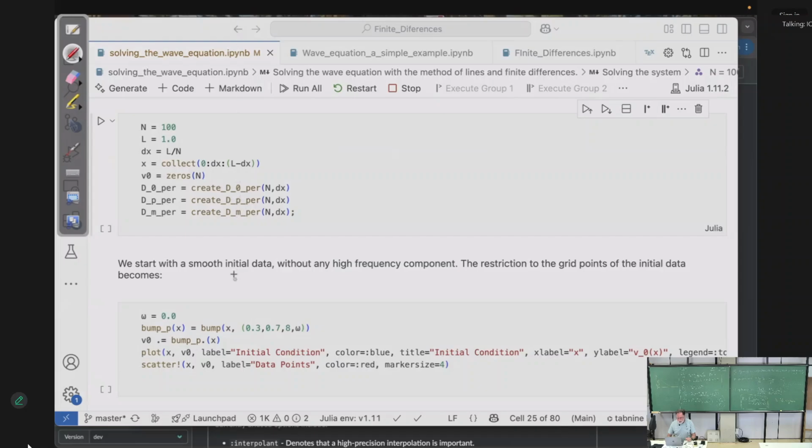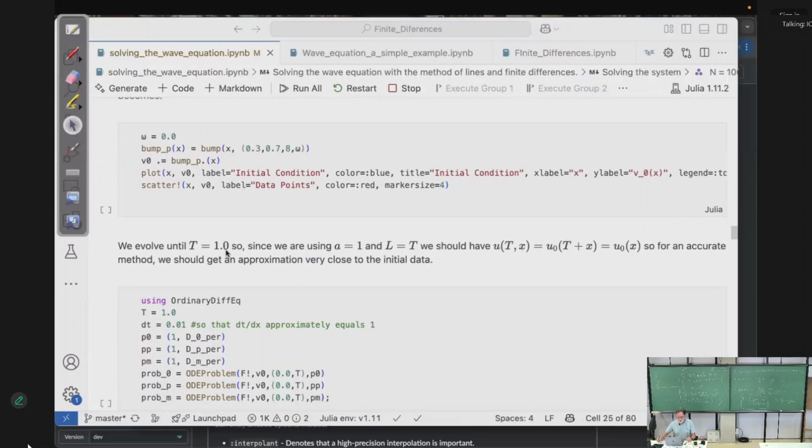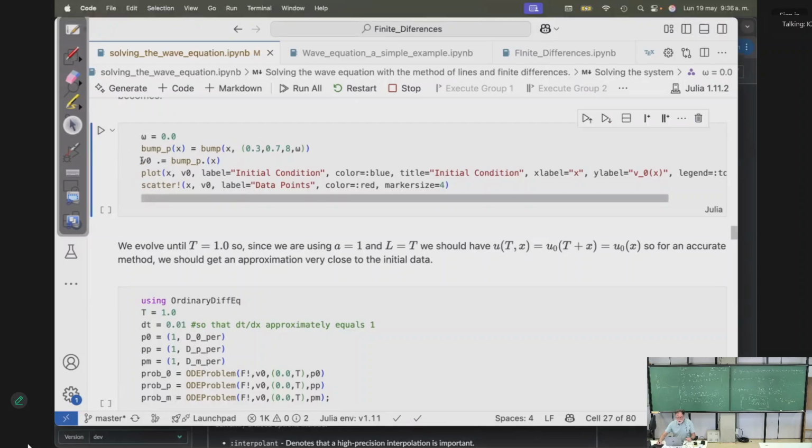So now we have everything. We have to give the initial data. We have the equation. We have to produce the initial data. So we make a bump between 0.3 and 0.7 with p equal to 8 and frequency 0. And we plot it. So we put it in B naught, which is the initial data.